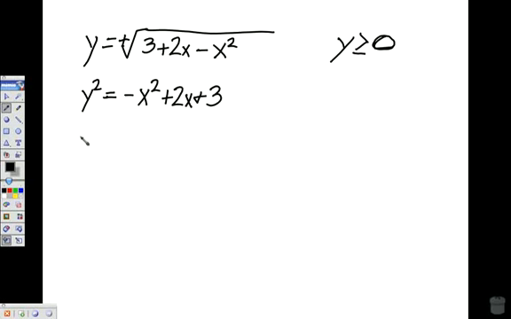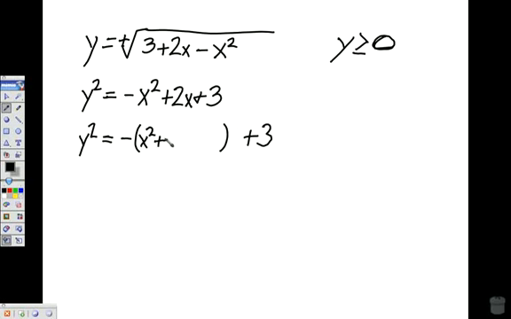Now, I'm going to do something that you'll remember from math analysis: factoring a minus sign out of the first two terms here.